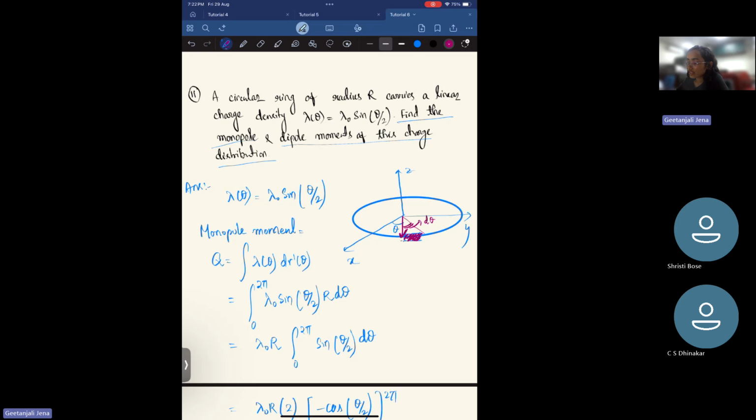You can write it in terms of xy coordinates: R prime theta will be R cos theta i plus R sin theta j, right?